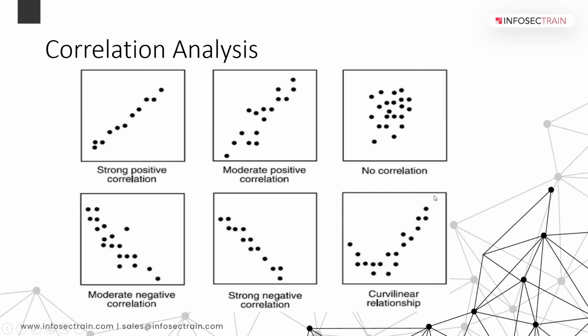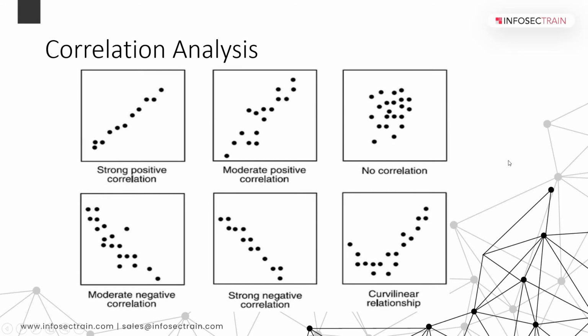So scatter plots just provide you the relationship between two continuous variables. But remember, correlation does not guarantee causation. Correlation by itself does not imply a cause and effect relationship.